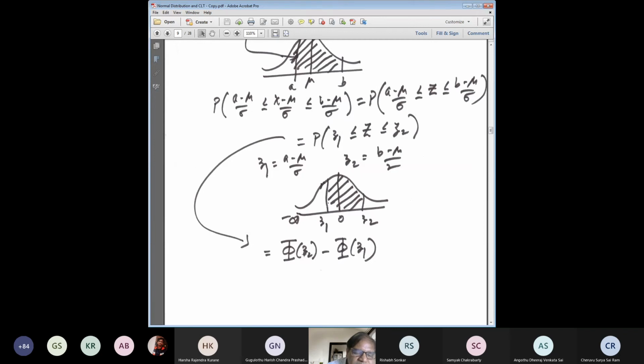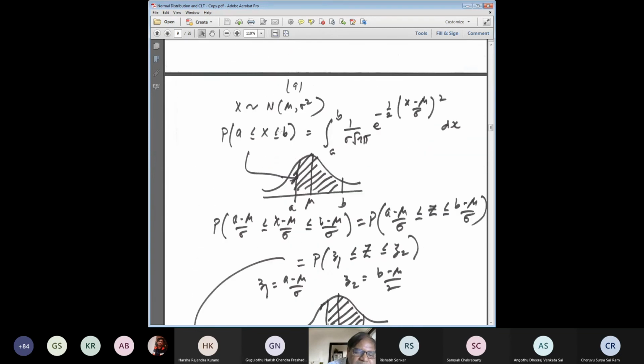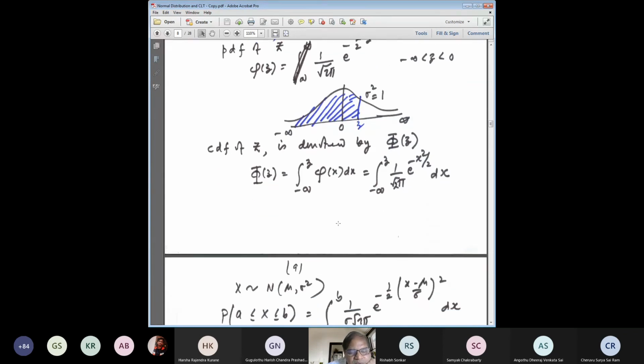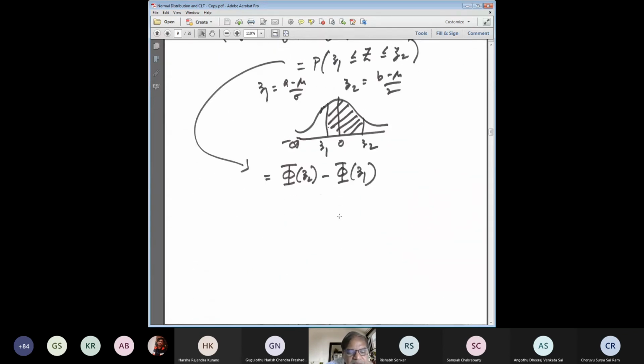So it becomes phi of Z2 minus phi of Z1. So phi represents the CDF, the integral from minus infinity to z of small phi(x) dx. So this area has been tabulated.